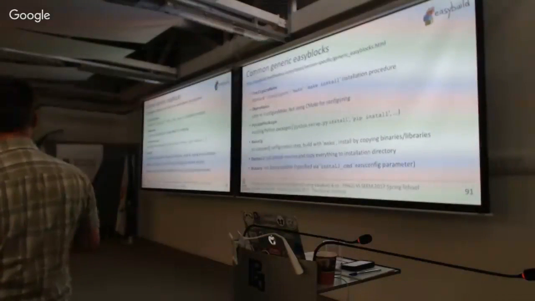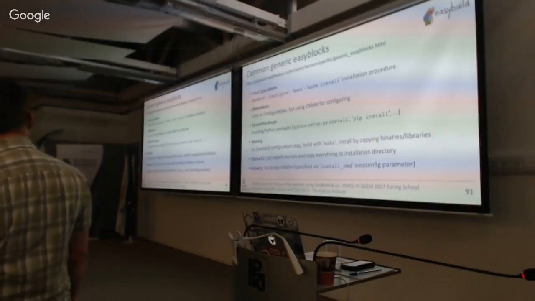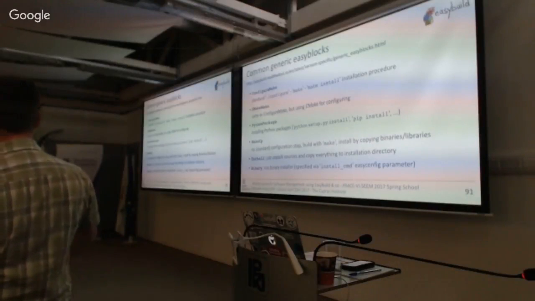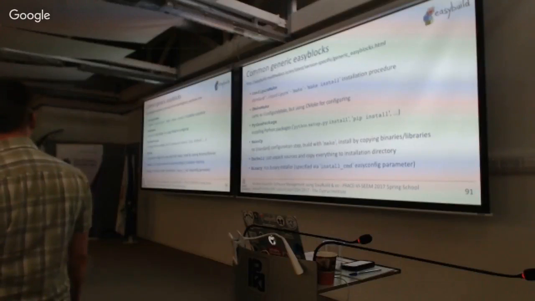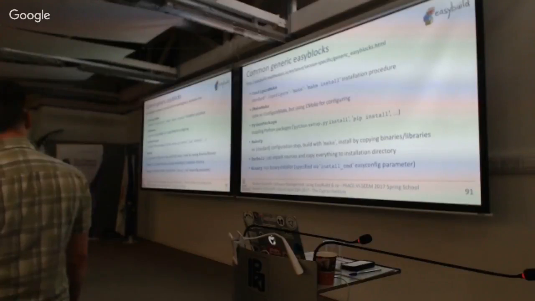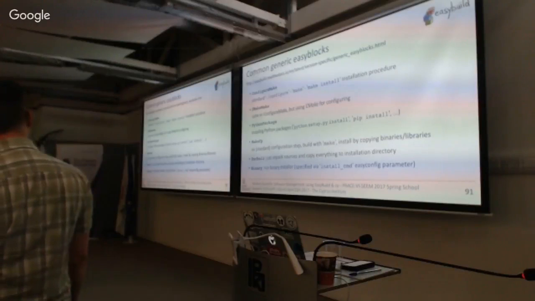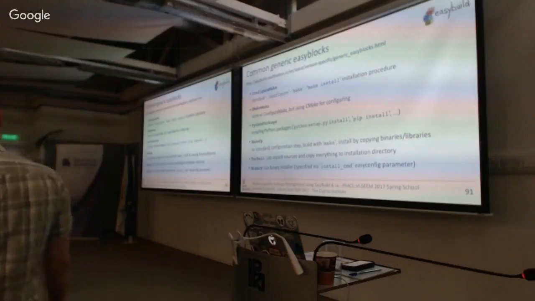Tarball is just unpacking the tarball and copying everything. That's typically for binary installations, or just a question of raw scripts or anything that doesn't need building. And Binary is used for binary installers. For example, the Intel compilers are installed by EasyBuild this way. There are lots of others. We have, I think, 30 generic EasyBlocks now for standard build procedures.